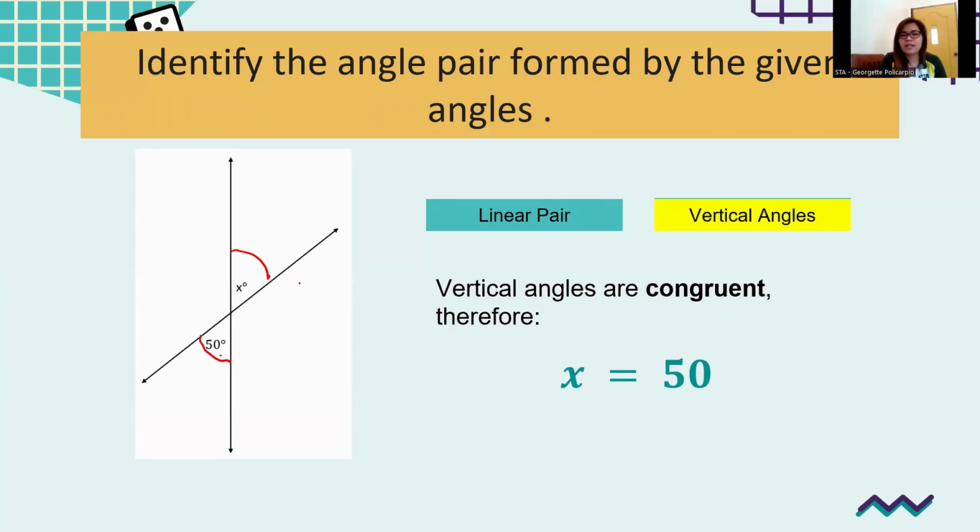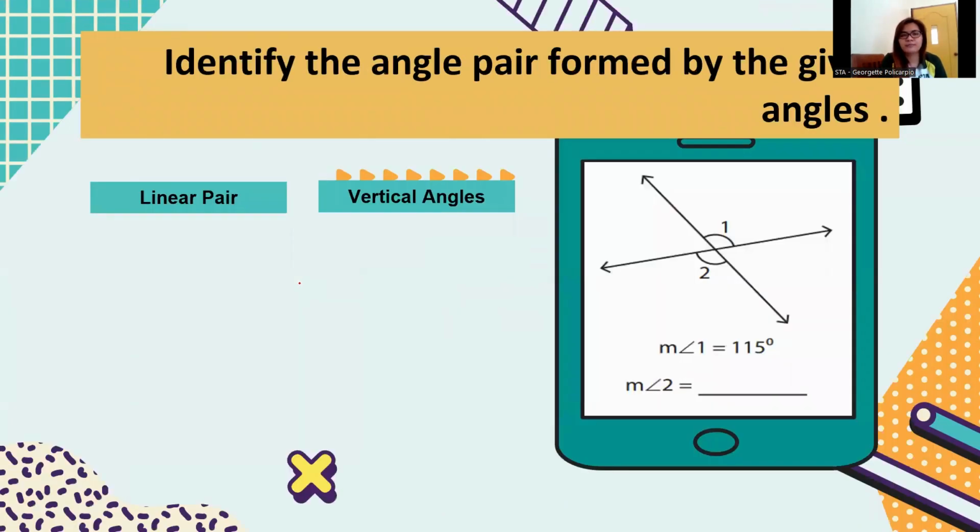Okay? So, let us have another. Identify the angle pair formed by the given angles. Okay, if you answered vertical angle, you're correct. So vertical angles ulit yan. Tandaan niyo po, vertical angles, same vertex pero hindi magkatabi.